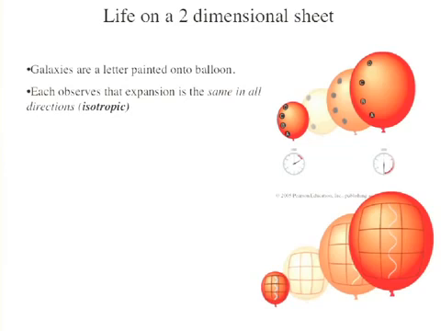The same in all directions means it is isotropic. All right, and everybody thinks that they're at the center of the universe and the Hubble flow is centered on them. Everybody sees the galaxies moving away proportional to their distance, their velocity is just exactly proportional to their distance.